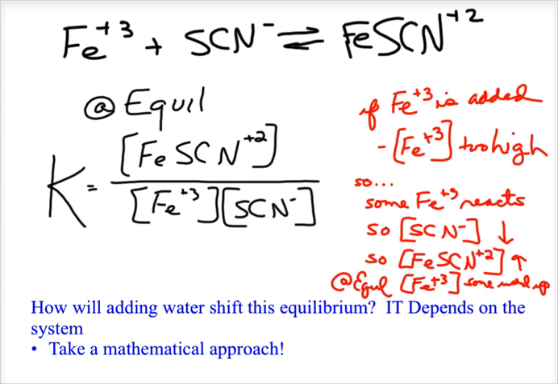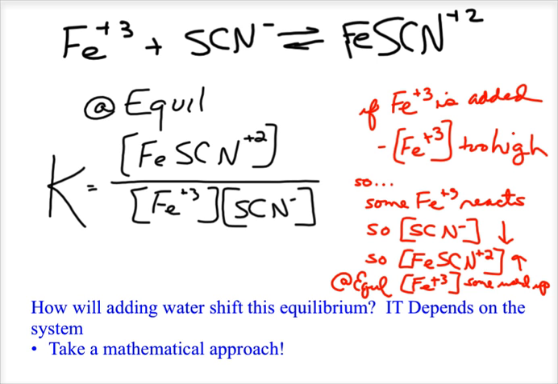Your lab looked at this equilibrium system as an initial inquiry, and you change the concentrations of either the reactants or products in various ways. But my question to you to consider, and to pause this podcast for a moment, is to think about a mathematical approach to what impact adding water will have on this system at equilibrium.